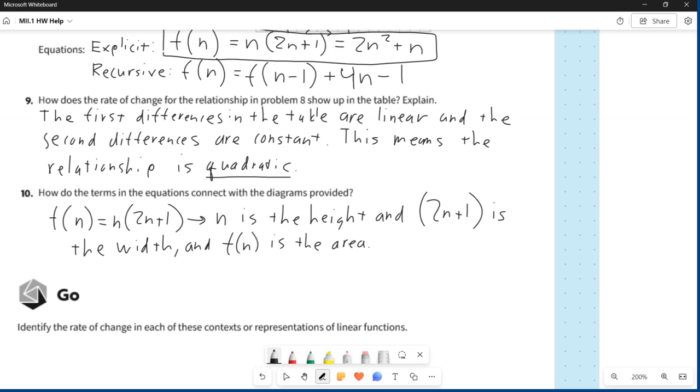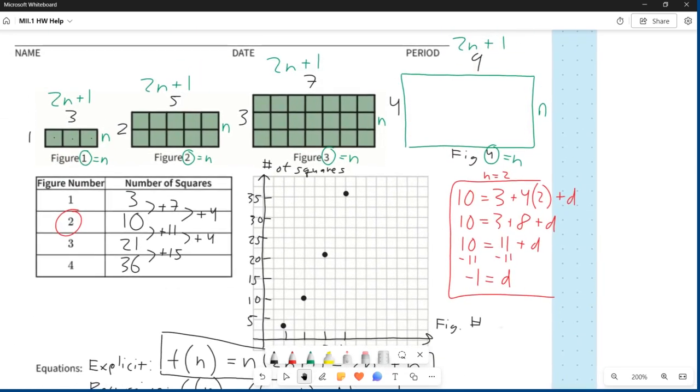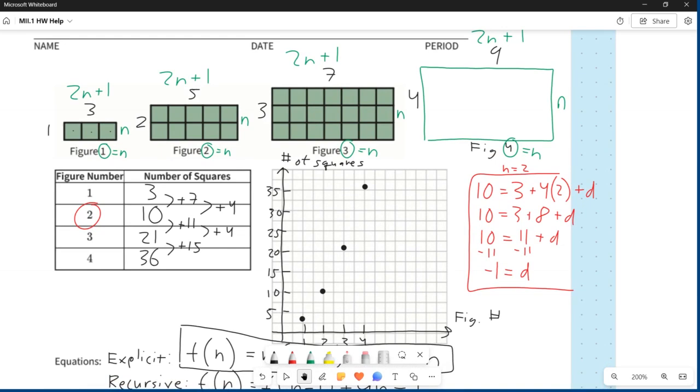If you want to look at the distributed version, 2n squared plus n, well, n squared is a large square. And what I mean by that is, if we go up to my figures here, let's look at figure 3. You have one square, that's n by n.